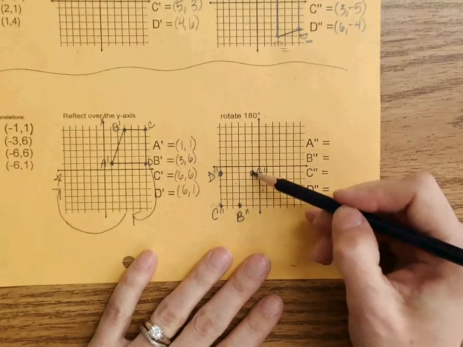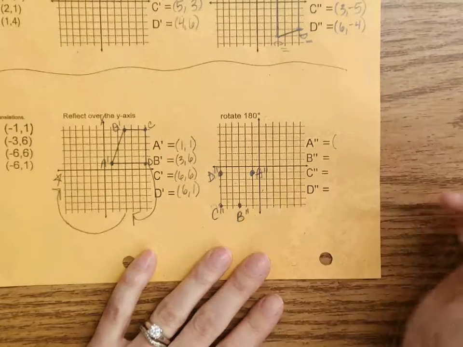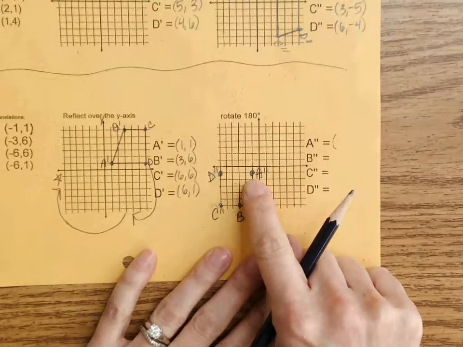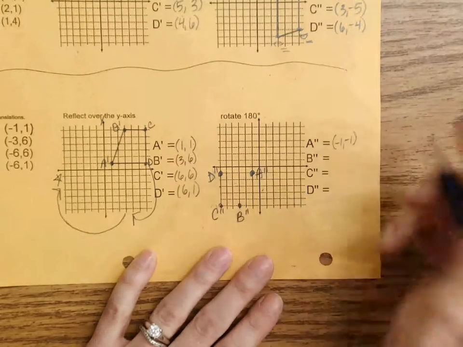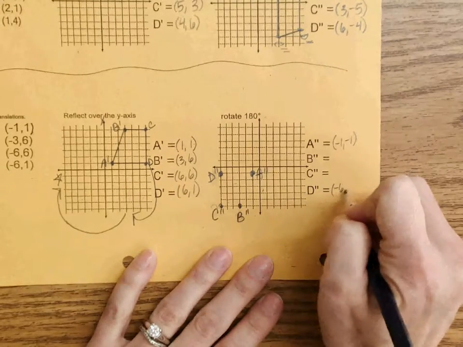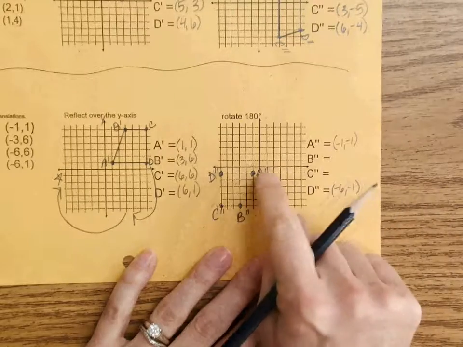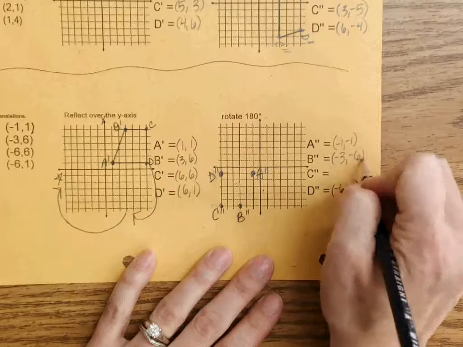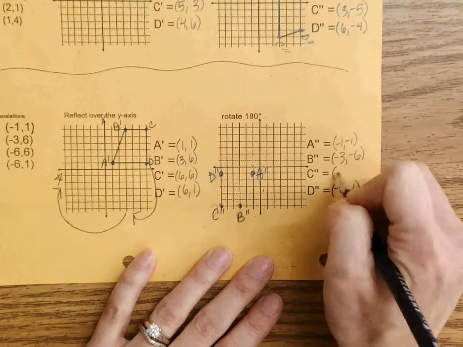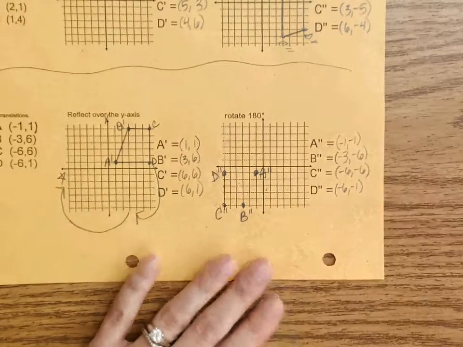And now that this is all labeled, I'm going to write down the corresponding ordered pair for this point. So that point is negative 1, negative 1. D, I know, is negative 6, negative 1. B is negative 3, negative 6. And C is negative 6, negative 6. Okay?